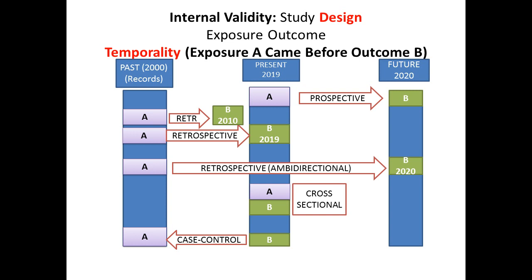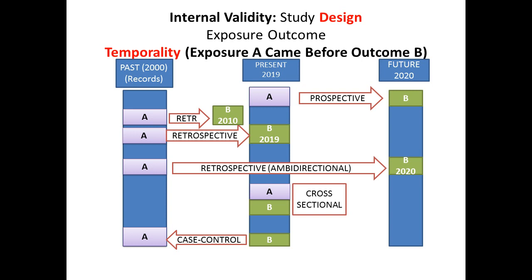But it may not be so effective if the exposure was a long time ago or it's not a memorable type of exposure. So cross-sectional studies can be used to determine exposure outcome, but often you just end up recording an association because the exposure may be too far in the past or not a memorable one.